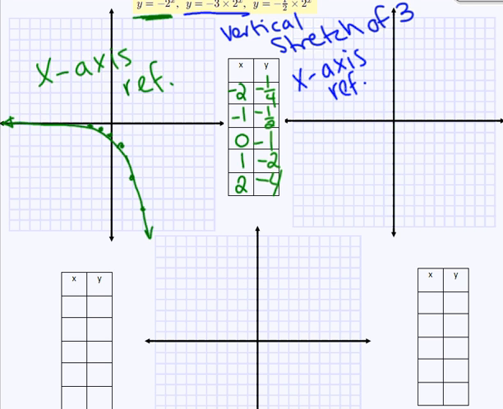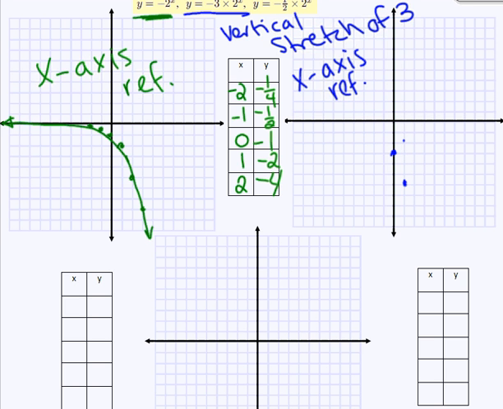We normally expect 0, 1, so we're going to have 0, negative 3. We normally have 2 to the 1 is 2, so we're going to have 1, negative 6, triple that.